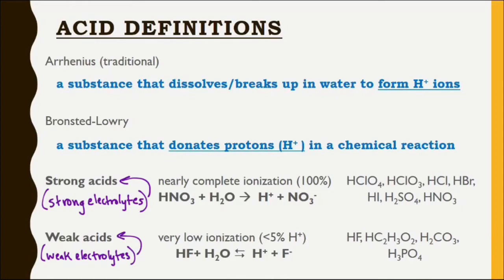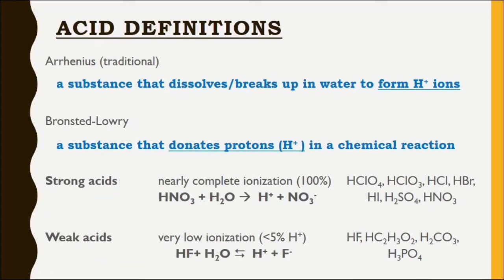So everything that's strong, a strong acid or a strong base, is a strong electrolyte. And we'll write that again when we get to our base side of things. But all of that means, as we talked about when we were talking about electrolytes originally, is a strong electrolyte produces lots of ions in the solution, and a weak electrolyte produces very few. And so this is the same idea here.